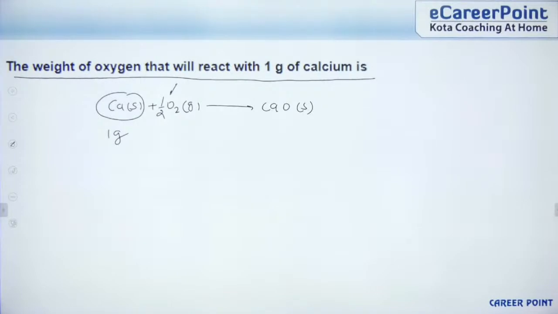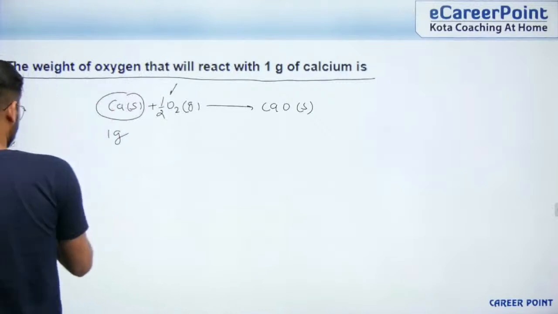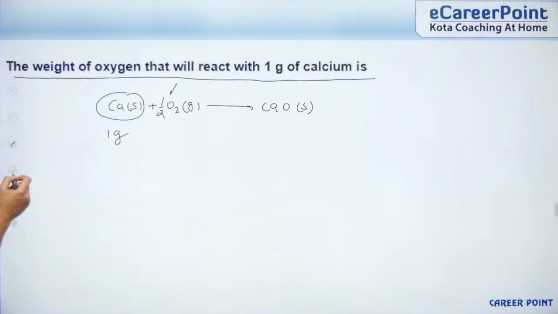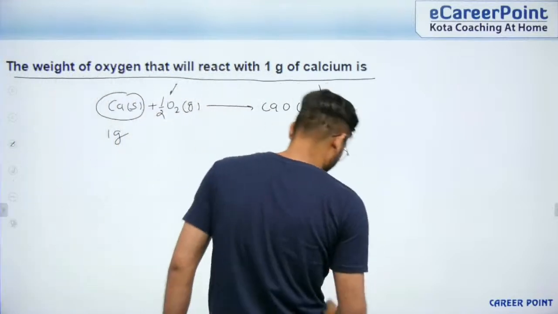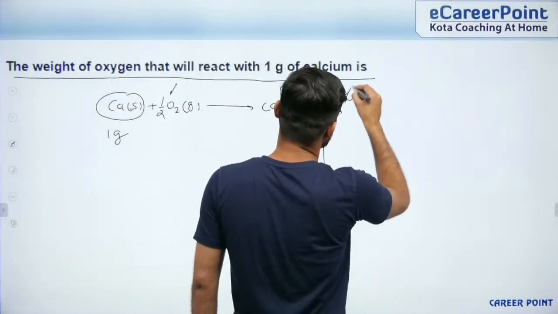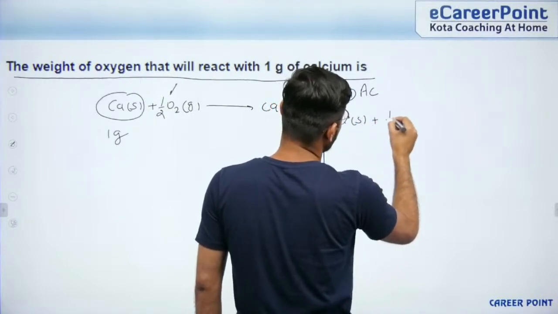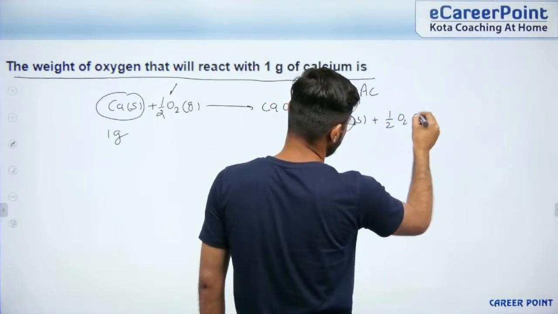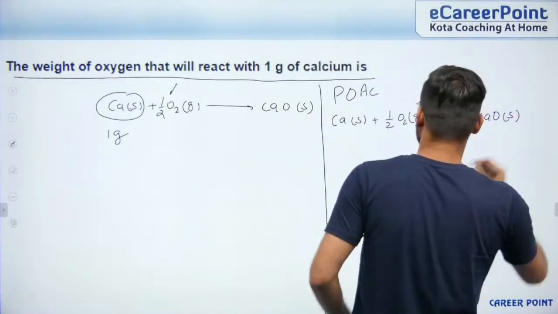Did you get it? Okay, see what you can do. This question can be done by two methods. One is the mole method and another is the principle of atom conservation, POAC, where we have calcium solid, half O2 gas, and it is giving calcium oxide solid.